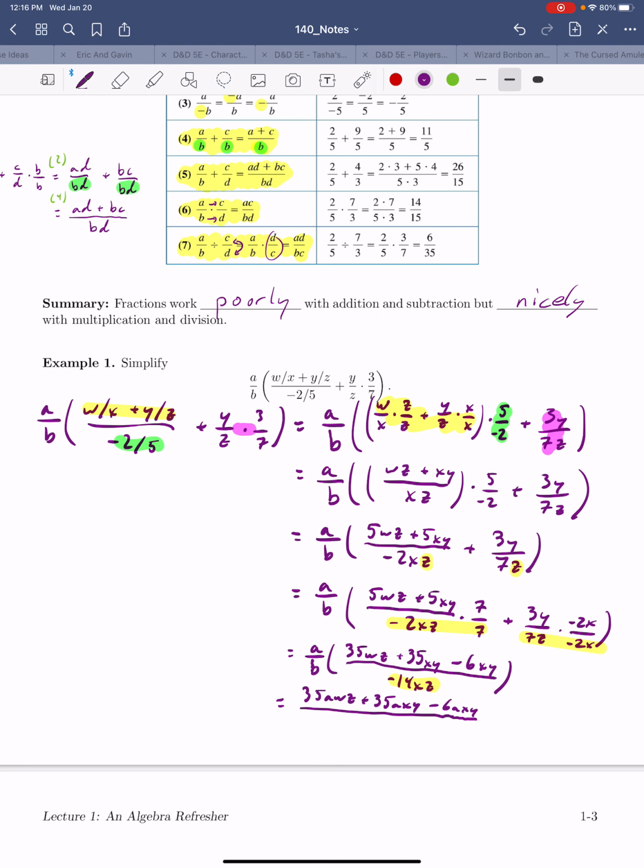There we go. And then we're going to have this all over negative 14bxz. Okay? And that is our final answer. Maybe I'll even separate that a little bit just so it's not so close. Okay?